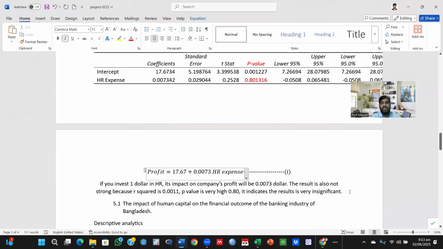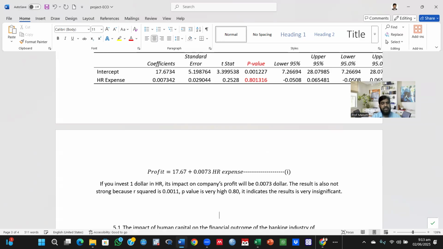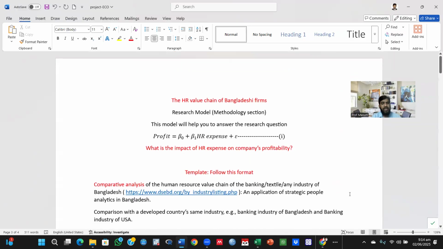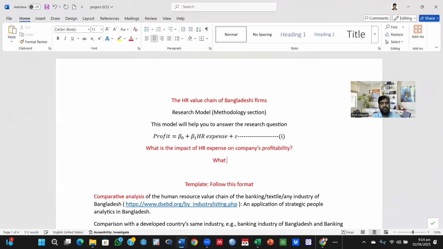Now, your next research question. What was your next research question? Your next research question is, what is the impact of companies' or firms' profit on stock price?